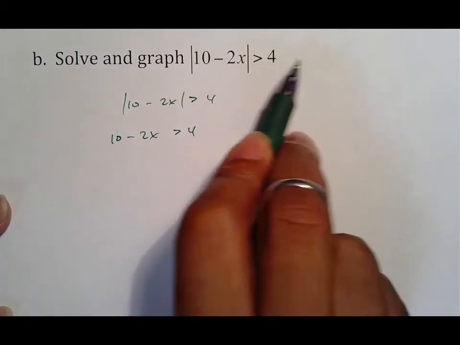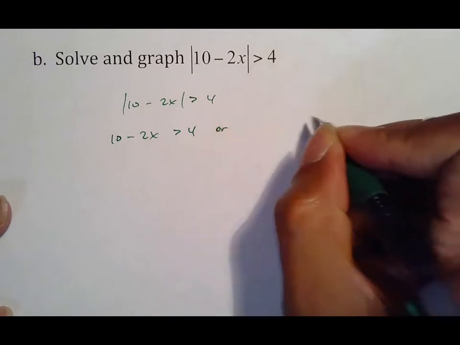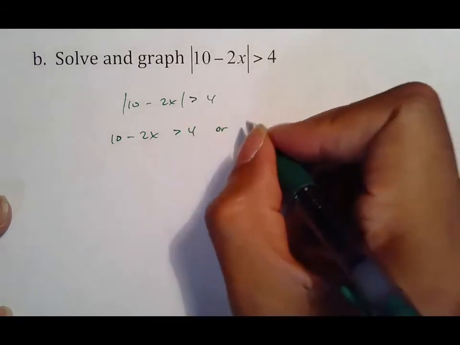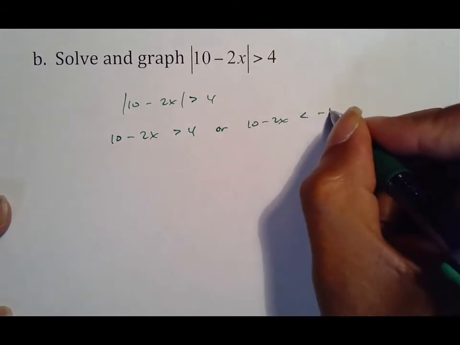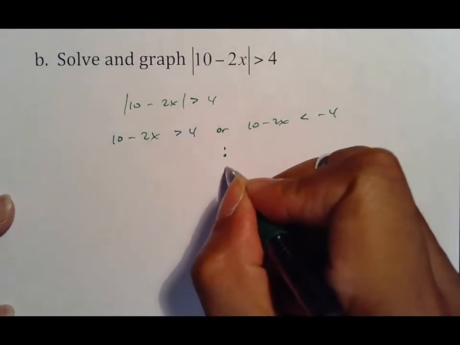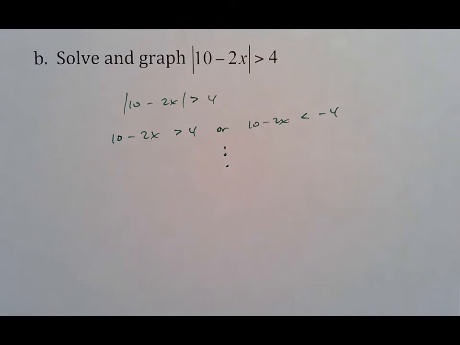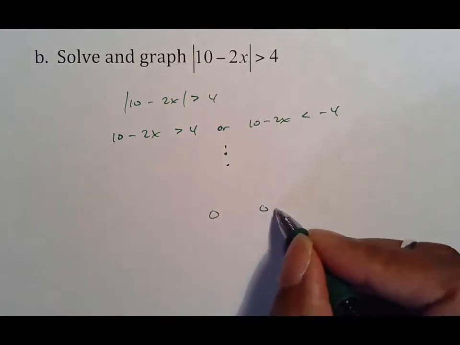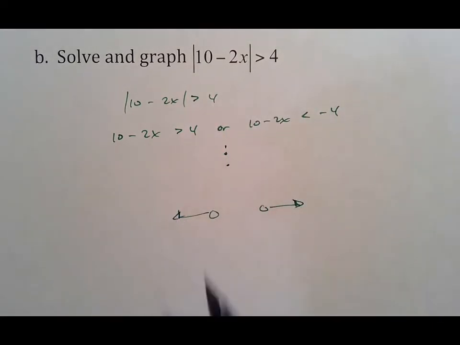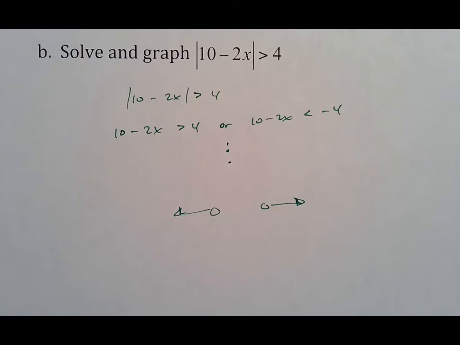If you alphabetize "and" and "or," that would be pointing at "or." 10 minus 2x, flip the sign and flip the number. And again, those 3 dots in my notes mean you should know what to do there. I just know that it should be something like this, because it's open. Should be. Doesn't mean it will be, but should be.